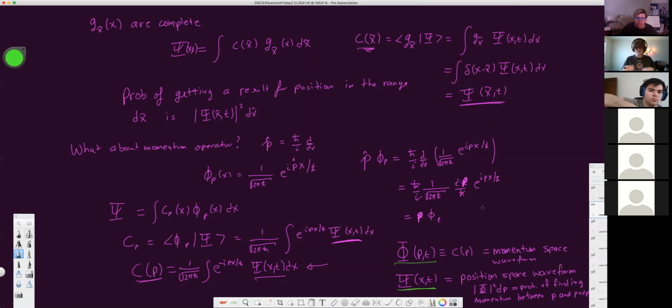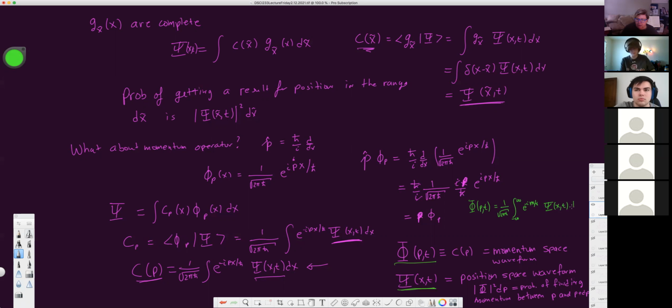So we have that the phi, so this is the momentum space. It's a function of the momentum and the time, not the position and the time, is the Fourier transform of the position space wave function. So it's e to the minus ipx over h bar, and then the position space wave function.